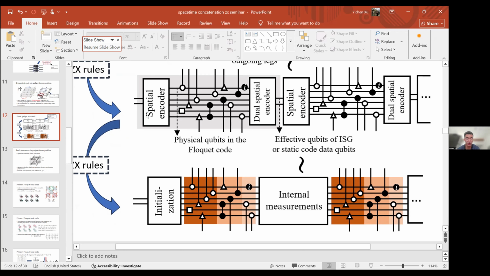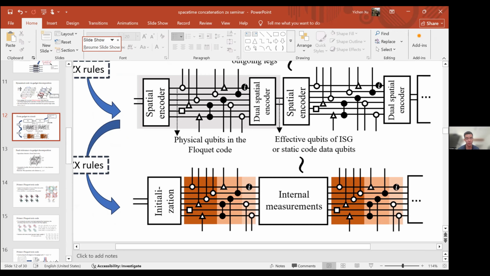Just to add a little bit, this is the general format of the space-time concatenation, right? You see these two legs in the horizontal direction; they are physical qubits before concatenation, the data qubits of a stabilizer code. But when it enters the ZX diagram, it first goes through the spatial encoder, so it becomes more. For example, there are 6 lines here. These are actually 6 physical qubits that we're operating on. So after the spatial encoder, we're doing this conventional code concatenation.